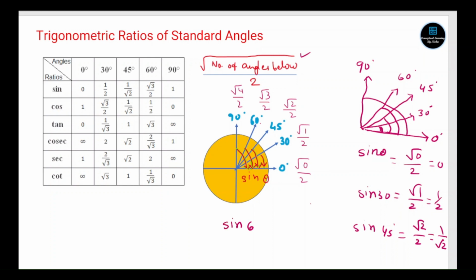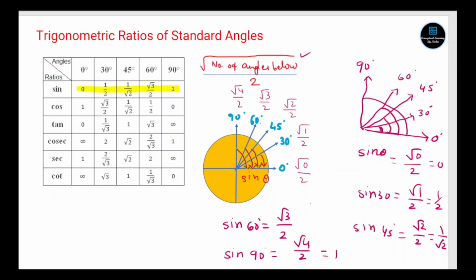Sine 60 degree: three angles are below, so square root of 3 over 2. Sine 90: there are four angles, so square root of 4 over 2. If you simplify, you will get 1. So these are the sine values.